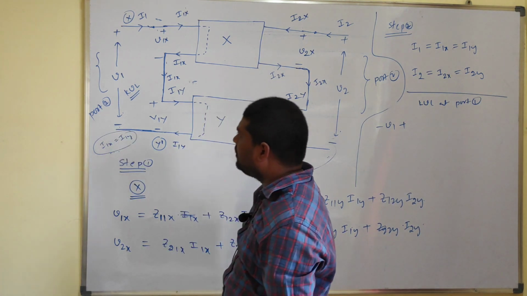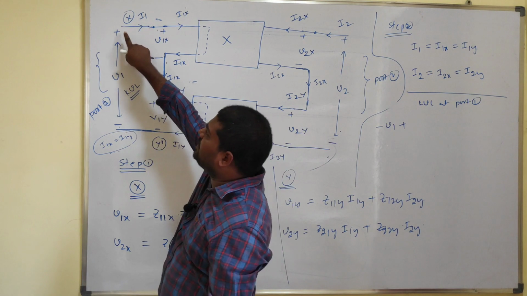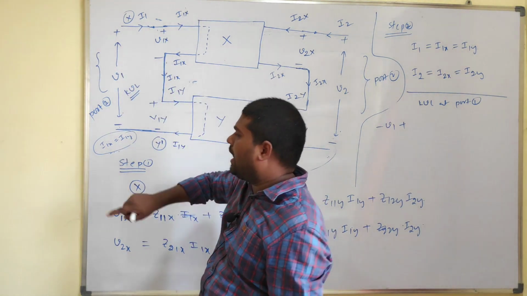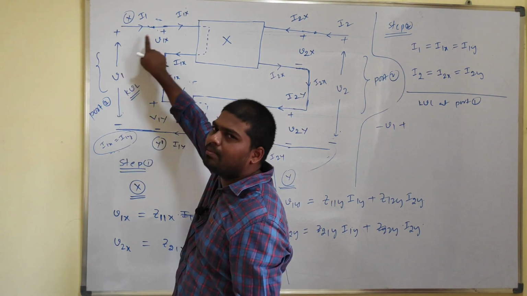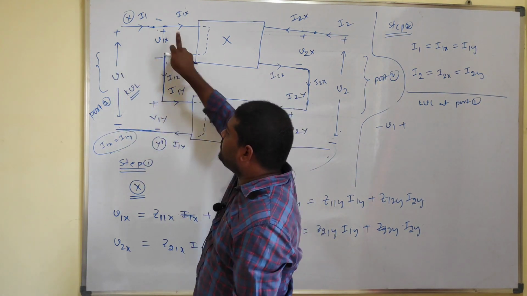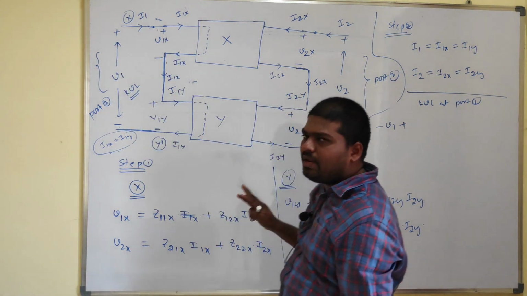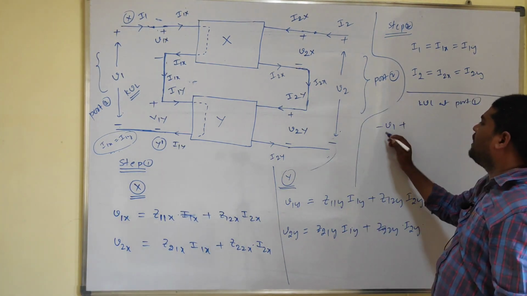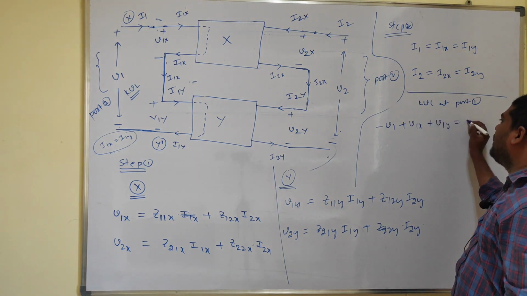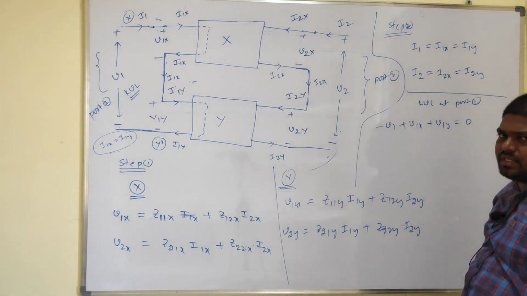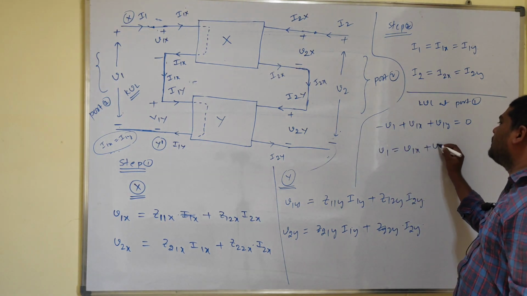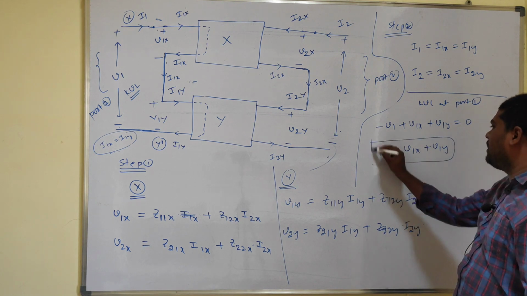Now observe: I take minus to plus as one sign and plus to minus as the other. Going through the complete series path with the three voltage drops, I take minus V1 plus V1x plus V1y equals 0. This is KVL equation number 1. So from this equation, V1 equals V1x plus V1y.